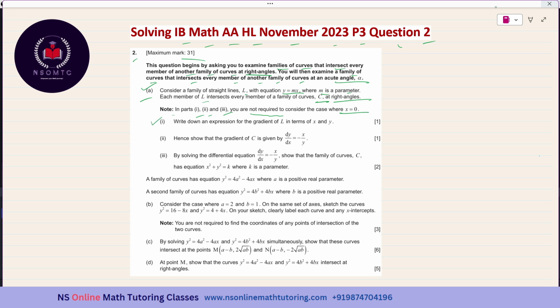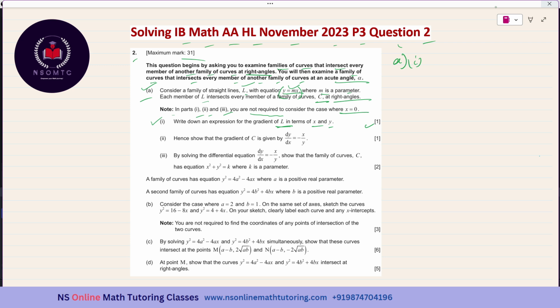Coming to subpart i, write down an expression for the gradient of L. This is the equation for the family of straight lines L. So gradient of L in terms of x and y contains just a single mark.